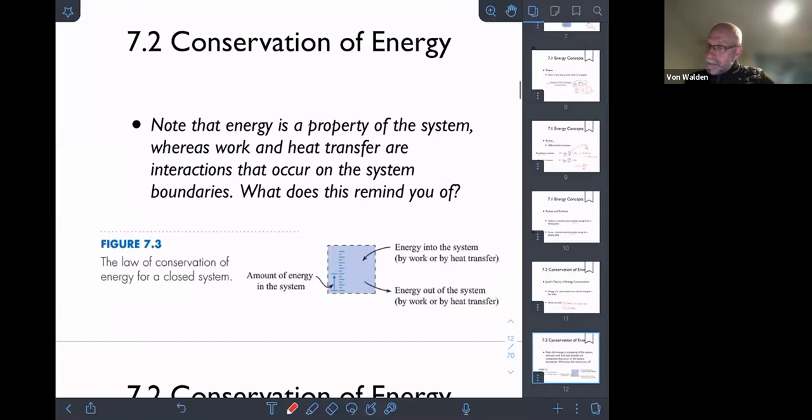Note that energy is a property of the system, whereas work and heat transfer are interactions that occur at the system boundaries. So what does this remind you of? It starts to look a lot like the momentum equation, where we had external forces acting on a control volume; we might have work and heat transfer acting on a control volume when we're considering energy.